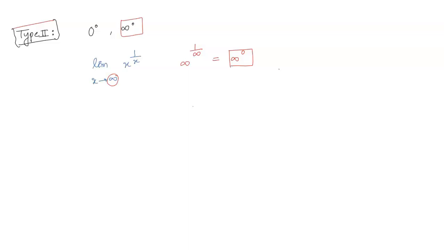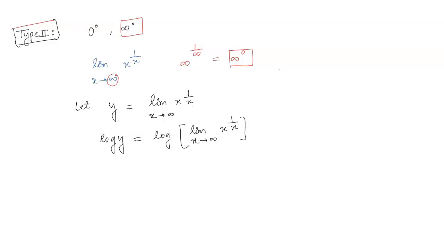So in this type of case, you just assume that this is nothing but L. Let us say this value is L, which you want to find out. Or let us suppose y, if you are comfortable with y. So now just take log on both sides. So it will become log y, and this will become log of limit x tending to infinity, x to the power 1 by x.